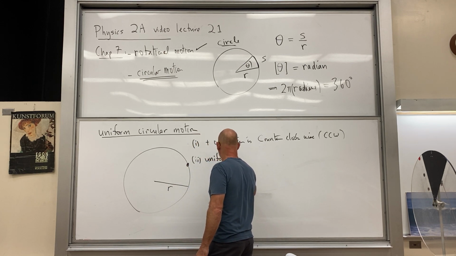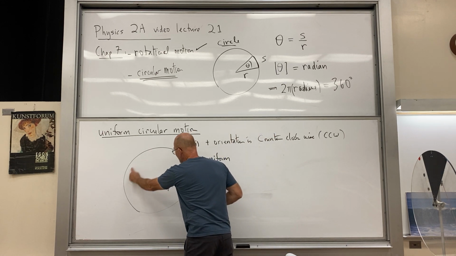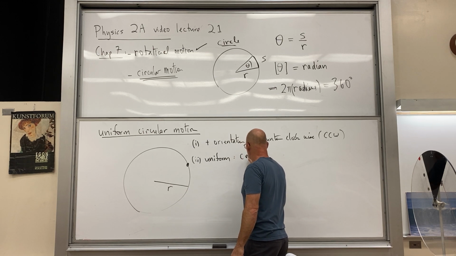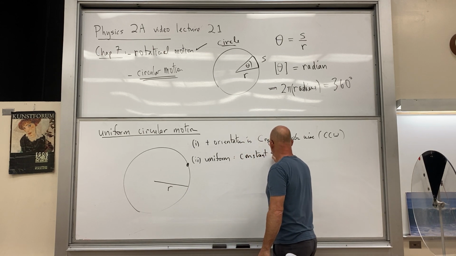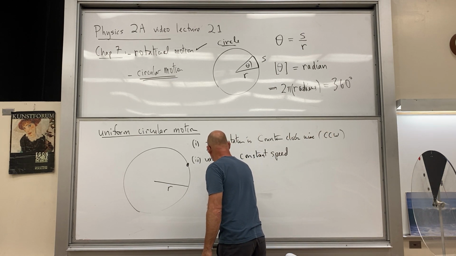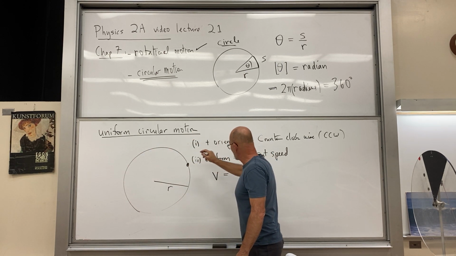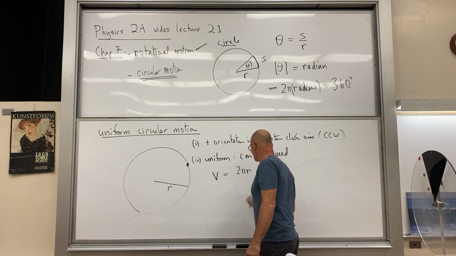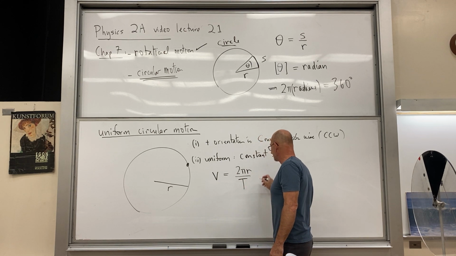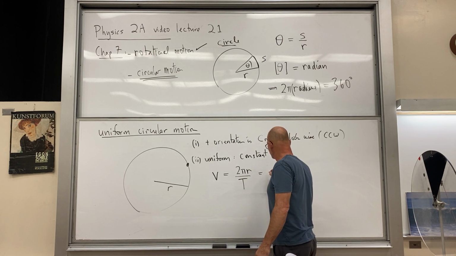So what does uniform mean? Uniform means constant speed. So the speed of this thing as it goes around is constant. And of course, speed is just distance over time. And the distance, going around once, would be 2 pi times the radius. And the time we're going to call capital T. So that's the circumference over the period of revolution.